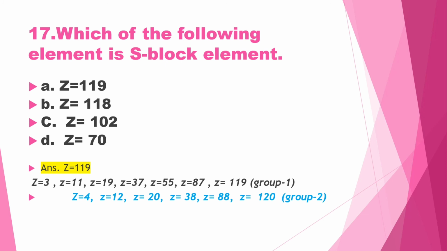These are the atomic numbers of S block elements. 119, that is an S block element. So the correct option is A, Z equal to 119. We can also find it with the help of their electronic configuration and with the help of magic numbers.